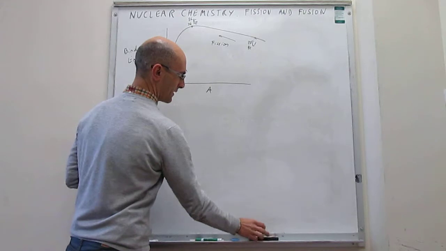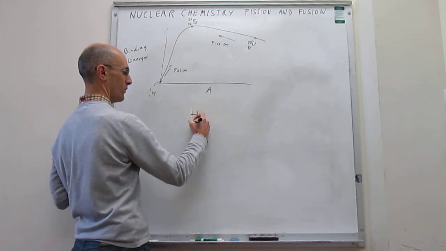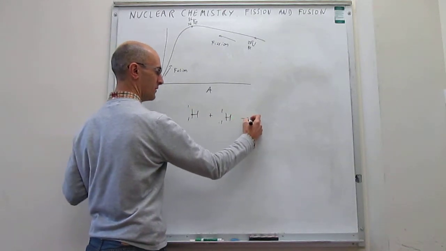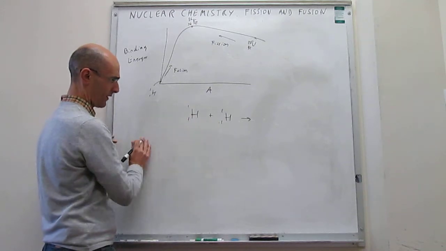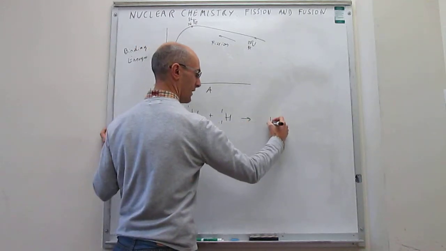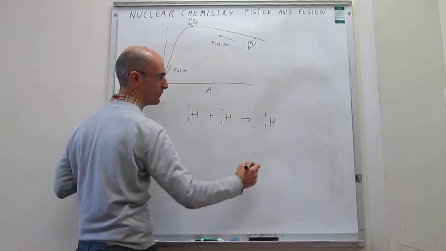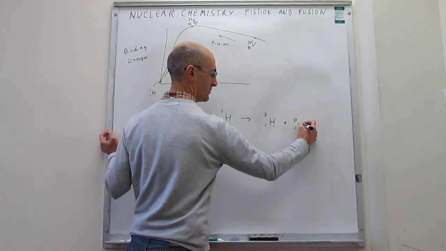All right, so typical processes in fusion would be something like this. You get one proton and then collide it with another proton, or a hydrogen atom with another hydrogen atom, to generate an atom of deuterium, which is this isotope, and this carries the generation of a positron.